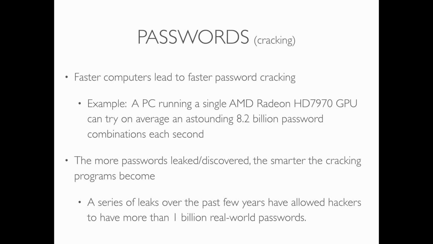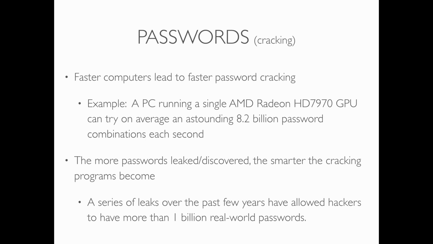So the thing about it is that the faster computers are getting, the easier it is for a computer to crack a password, even if it's a brute force crack on a password. Okay? So they use graphics cards to do this because they're faster at processing it.